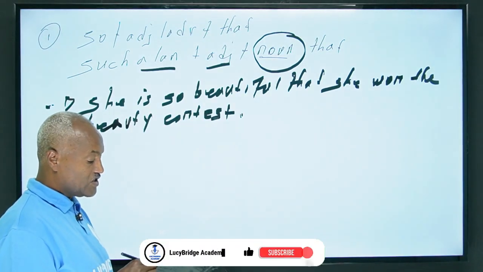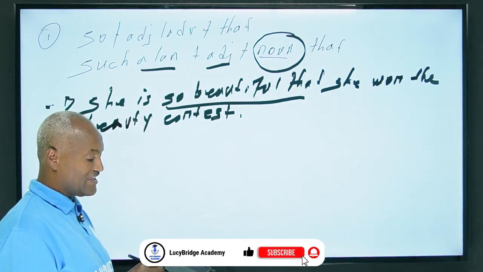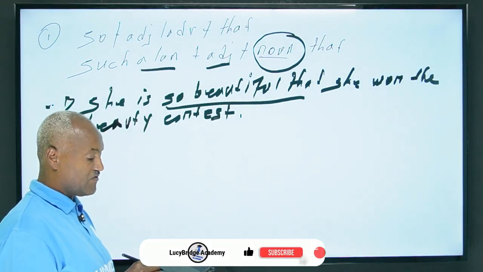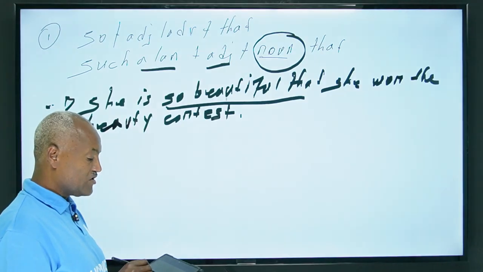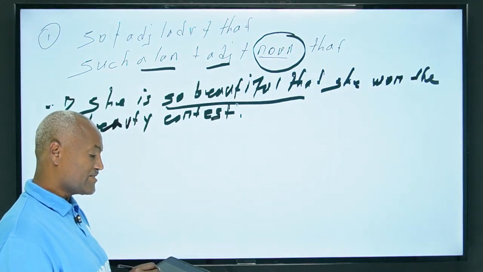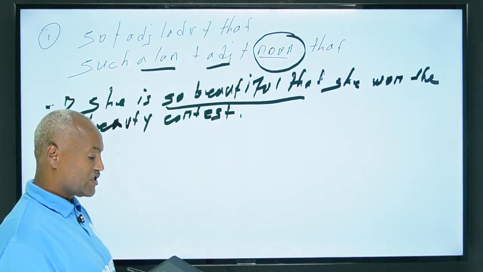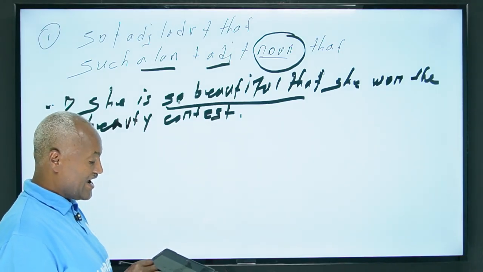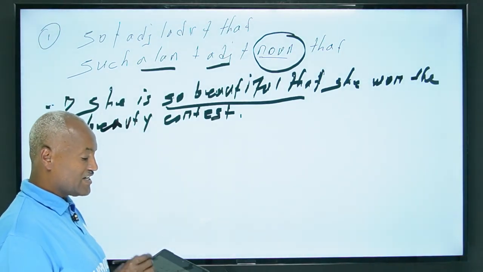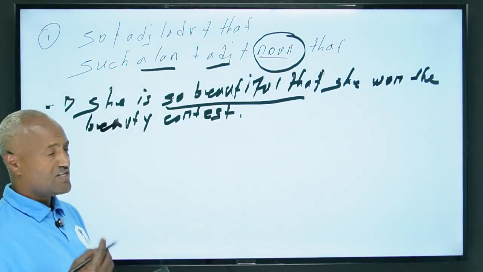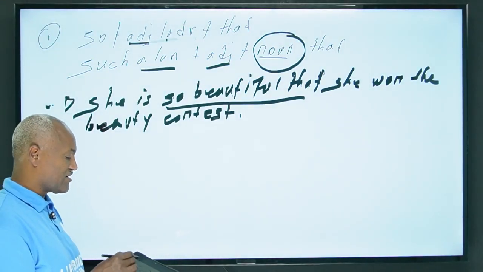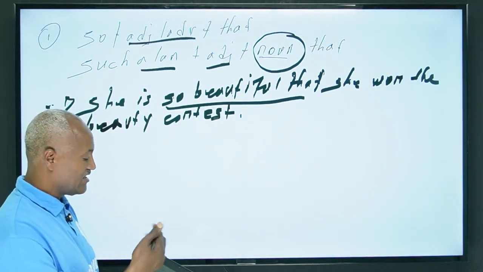Have you seen? So plus adjective and that. She is so beautiful that she won the beauty contest. After so, immediately what do we have? Beautiful, that is an adjective. According to this one, we can use an adjective or adverb.